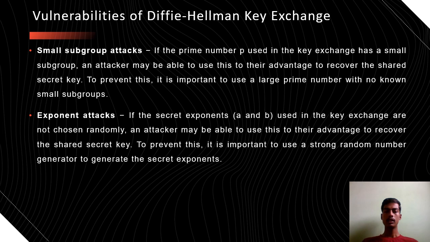If the secret exponents, that is a and b, used in the key exchange are not chosen randomly, attackers may be able to use this to recover the shared secret key. To prevent this, it is important to use strong random numbers to generate the secret exponents.